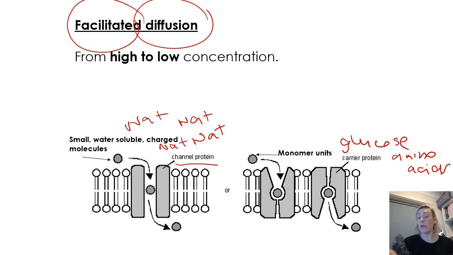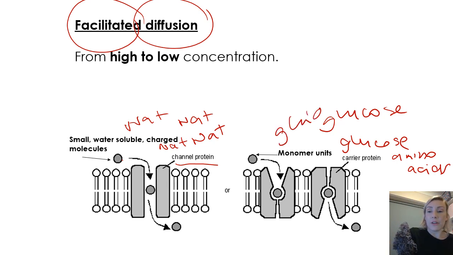Same for something like glucose. Imagine now you've had your breakfast this morning, it's been hydrolyzed in your small intestine, you've got lots of glucose now, and you want to absorb it into your small intestinal cells. So lots and lots of glucose in the lumen of your gut.